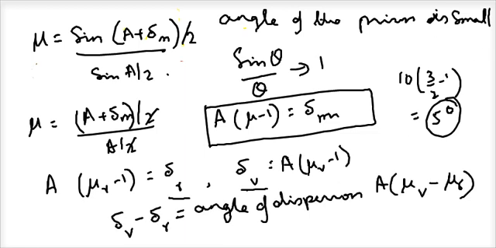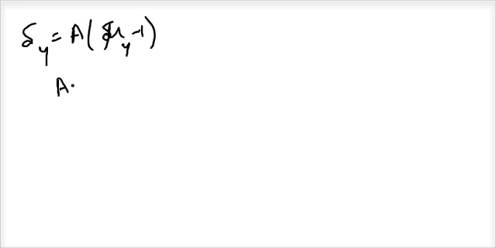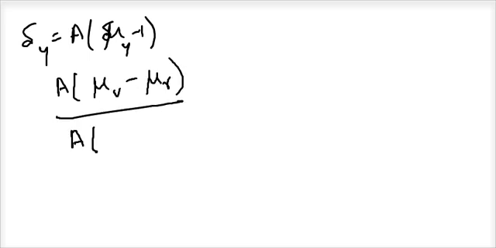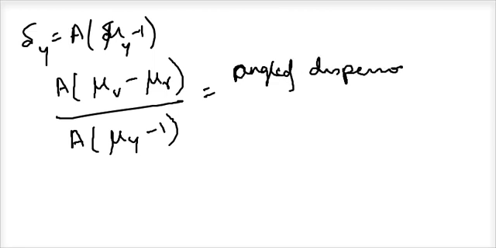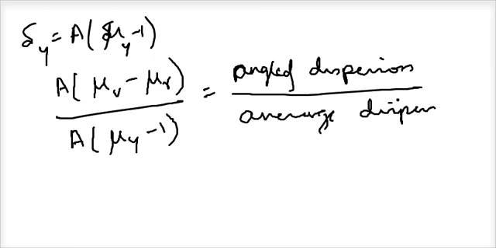Now if this is the angle of dispersion, then I can say that the deviation of yellow light is A into (mu yellow minus 1). So from here I can say that A into (mu violet minus mu red) divided by A into (mu yellow minus 1) is the angle of dispersion divided by the average deviation. This is what is called omega, the dispersive power.